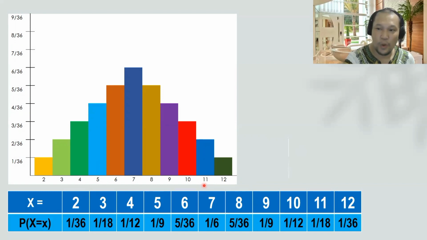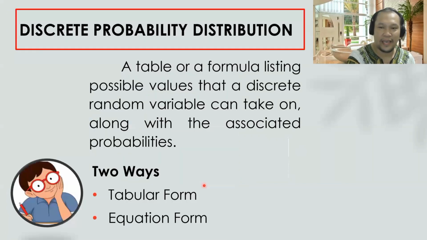Okay? Now, I hope you were able to learn about discrete probability distribution from the exploration and the examples that I provided. With this, always remember that a discrete probability distribution is a table or a formula listing the possible values that a discrete random variable can take on, along with the associated probability.